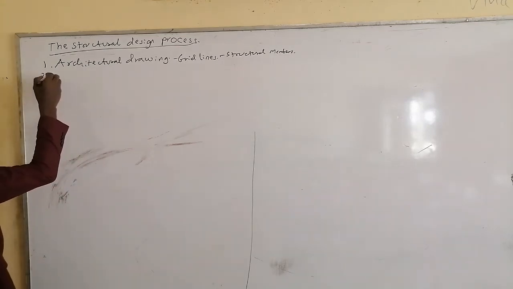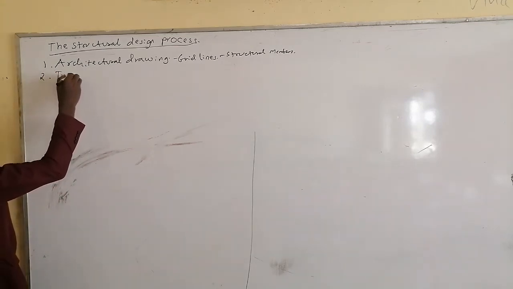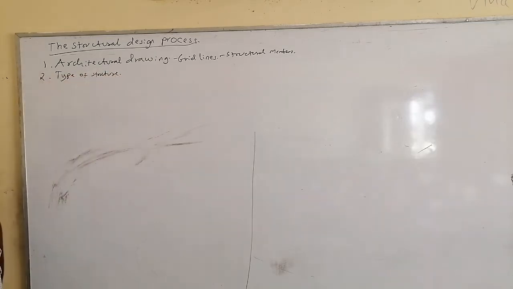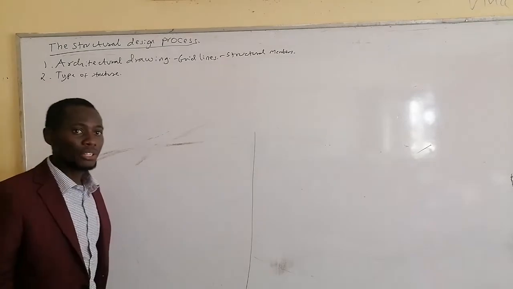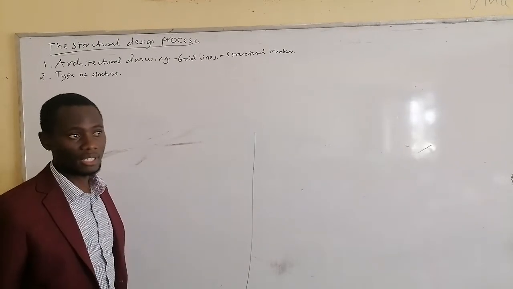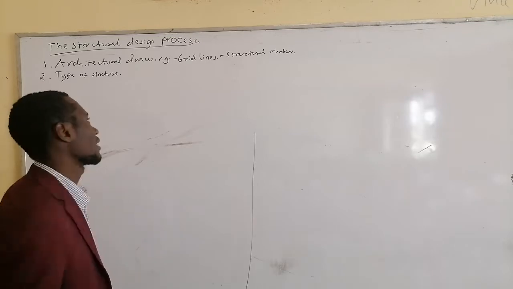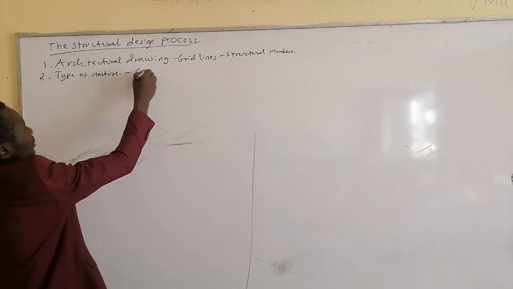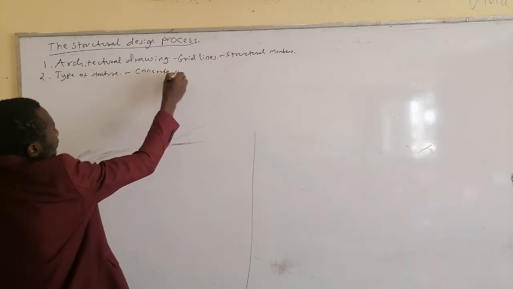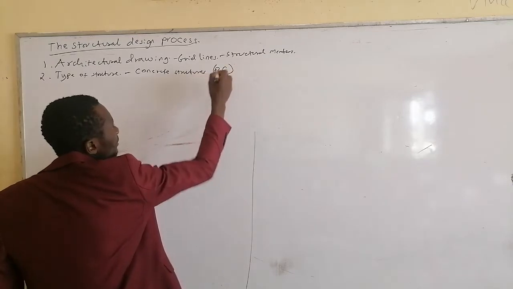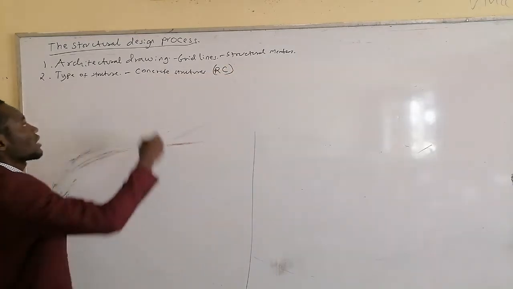You then proceed to determine the type of structure. We have very many types of structure, and depending on the utility and economy, we might prefer one structure over another. So, types of structure: we have concrete structures, and whenever we reinforce them with steel, we call them reinforced concrete structures.